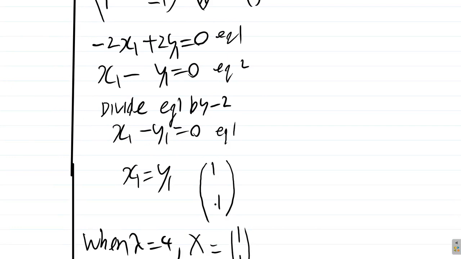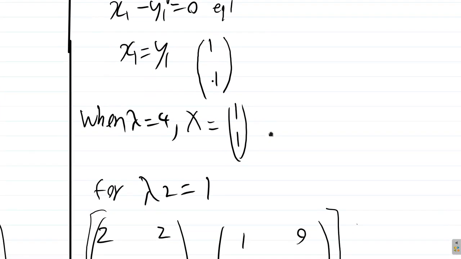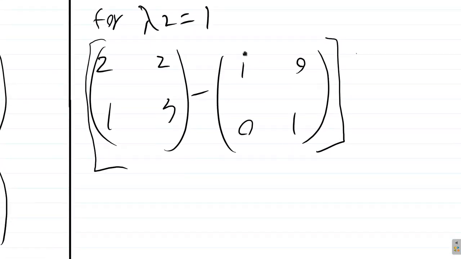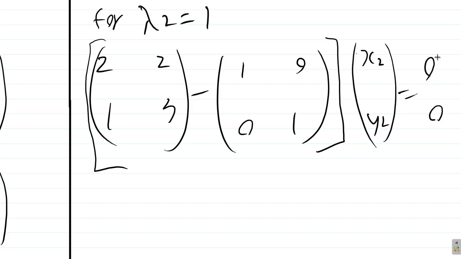So x1 equal y1. Now, for lambda 2 equal 1, since we call this lambda 2, we're going to work with the name x2, y2 equals 0 0, right?